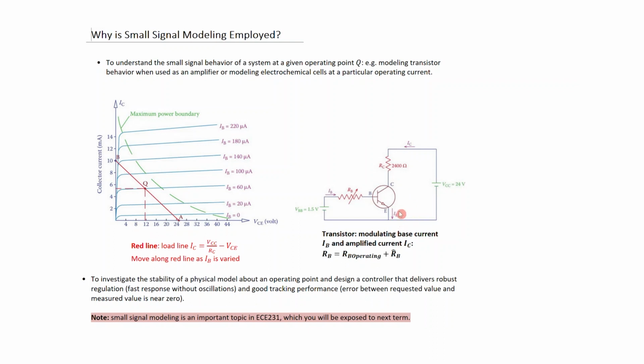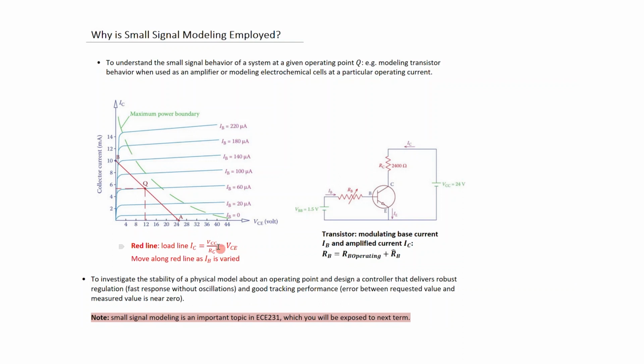At the same time, we can write an equation using Kirchhoff's voltage law, which is that this voltage minus the voltage drop across this resistor minus the collector emitter voltage equals 0. And if we do that, we end up basically with the straight line that you see here. So this is what we call a load line. So this is the current. Basically, it's been written as a function of collector emitter voltage.